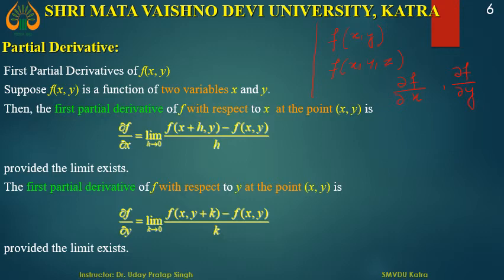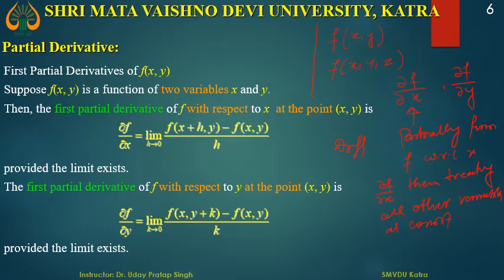What is dou f upon dou x? If you are differentiating partially function f with respect to x, that is dou f by dou x, then we treat all other variables as constant, right?